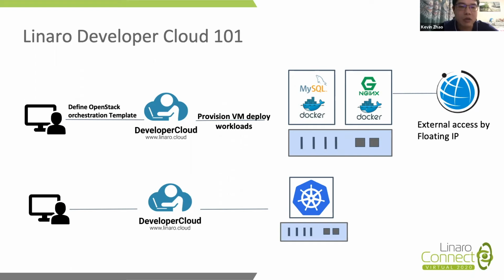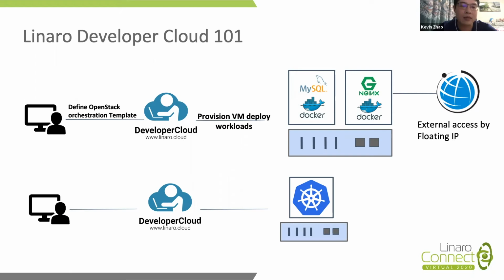VM1 has the container runtime installed and runs the MySQL container, and VM2 has the container runtime installed and runs Nginx. We can define the Heat template to provision the virtual machines, and after provisioning, define how to set up the containers.